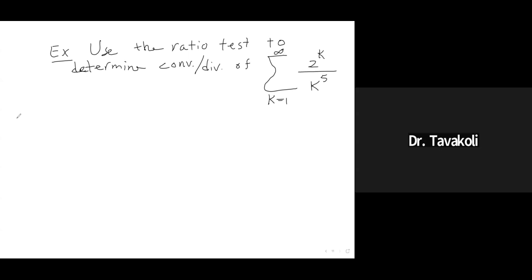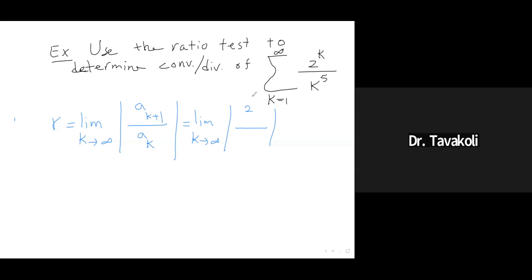So again, I suggest that you try this on your own before watching my solution. So we look at R, which is the limit as k tends to infinity of a_(k+1) over a_k. a_(k+1) means in the general term, replace all the k's by k plus 1.